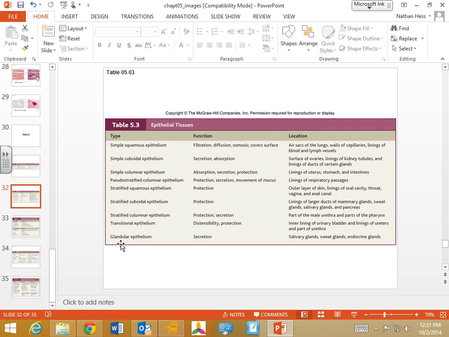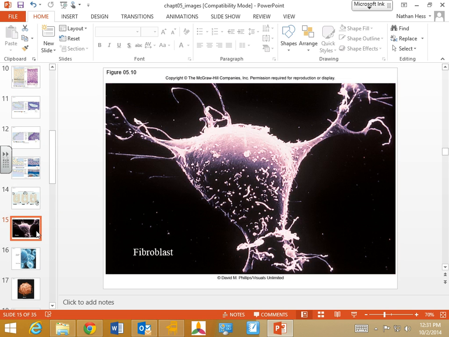Here are the names. They give you some functions and then tell you locations. So if you want it not just visually, but written, it's a nice place to go. On page 102, you said? 103. It keeps changing.